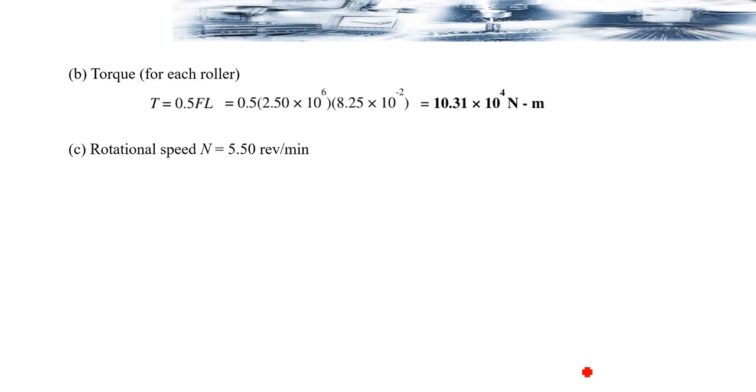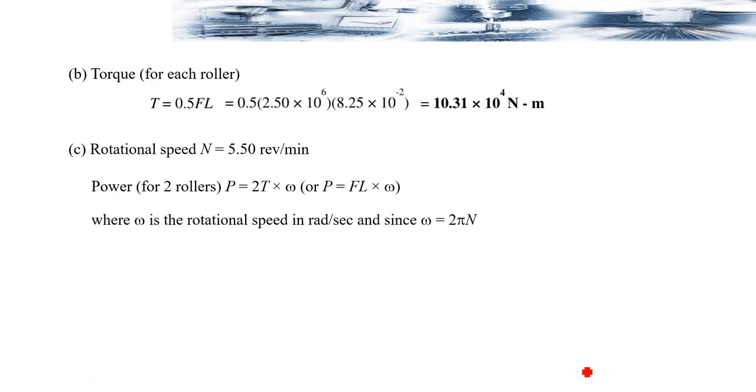And we need to change that to omega, which is radians per second. So the power is equal to 2 multiplied by the torque multiplied by omega, or the force multiplied by L multiplied by omega. The 2 is because we have 2 rollers. Omega is the rotational speed in radians per second, and it's equal to 2 pi multiplied by n.